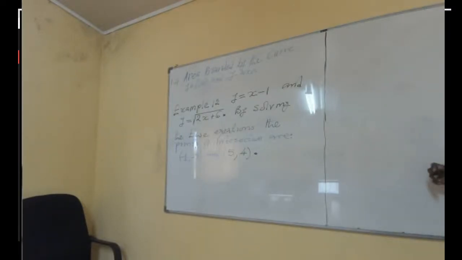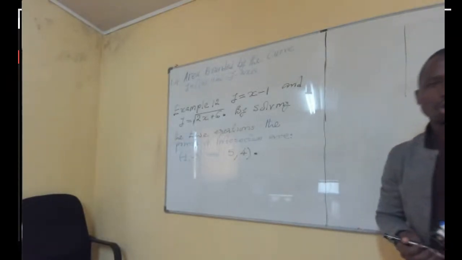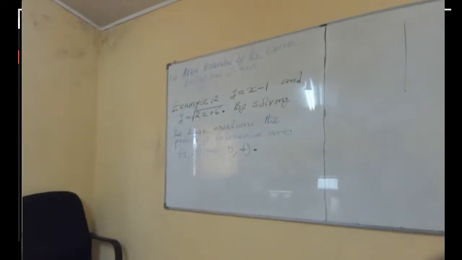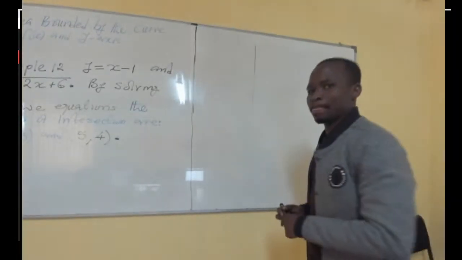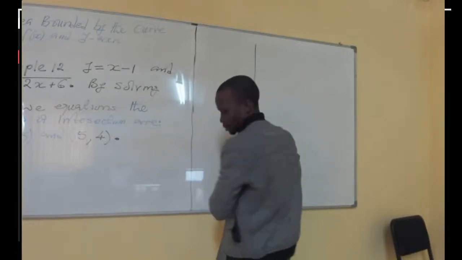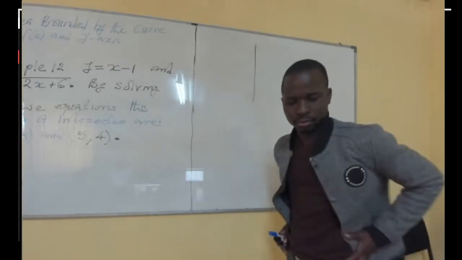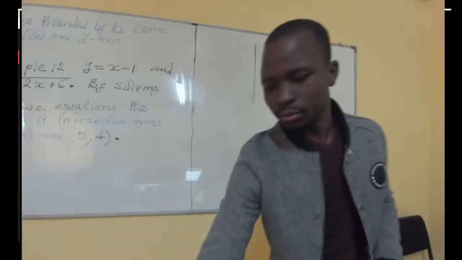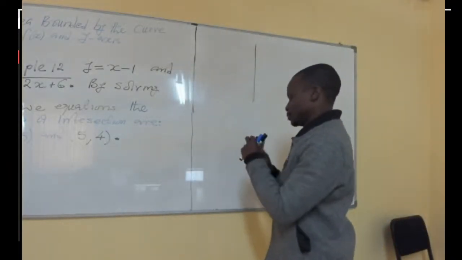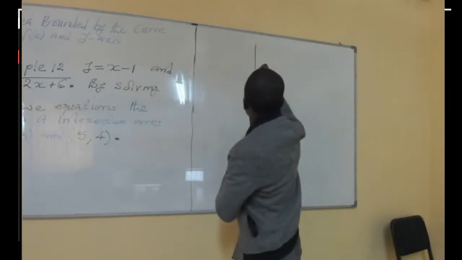Okay, now, if you look at the graphical structure of that region which is bounded by those two curves, this is the graphical structure of the region.